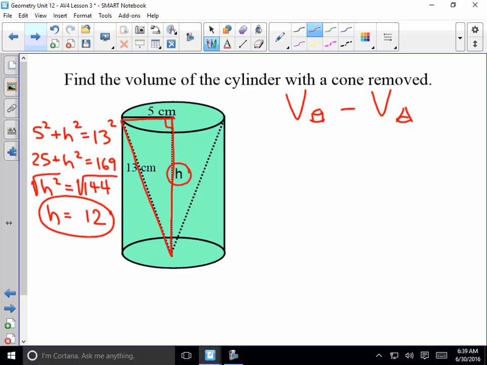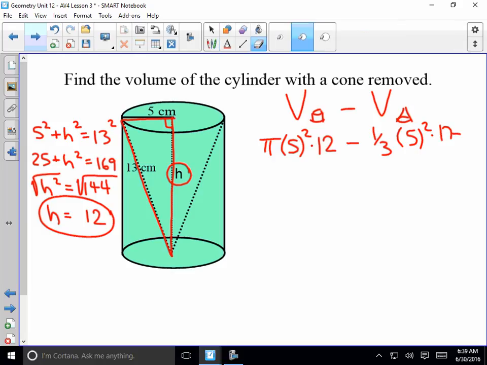So volume of a cylinder: area of the base, pi r squared, times my height of 12, minus the volume of the cone, 1/3 area of the base, 5 squared times the height of 12, times pi. The board's a little bit off here.